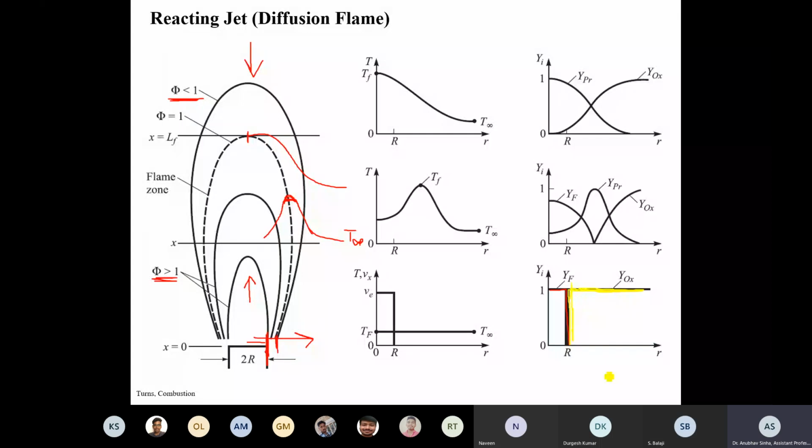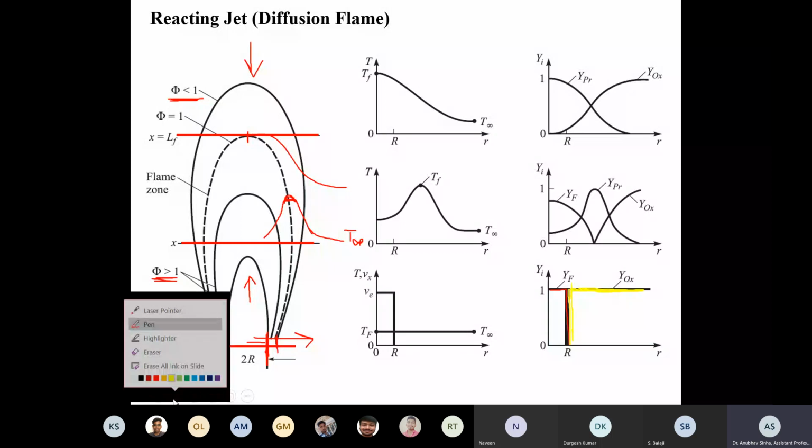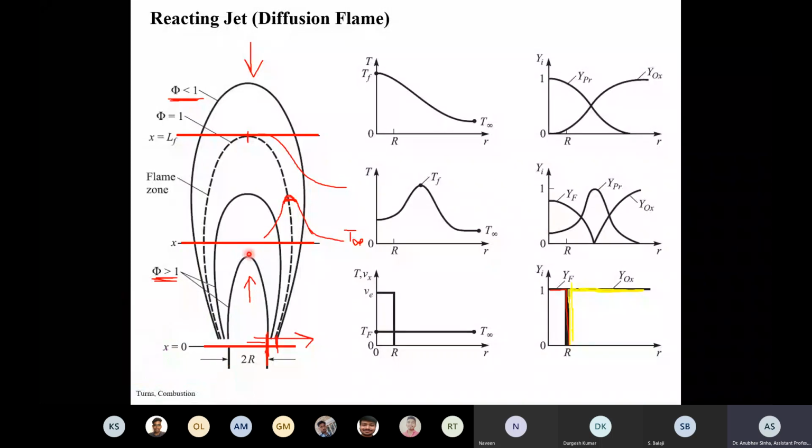Yes, sir. Fine. So let us go to the next level. Let us say this cut section. For that, fuel is more inside, and fuel gets consumed at the flame front. After this flame front, there will be no fuel.